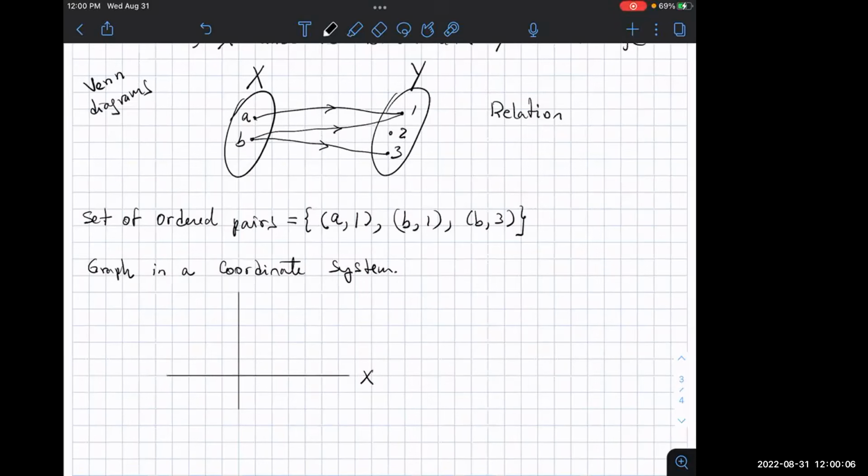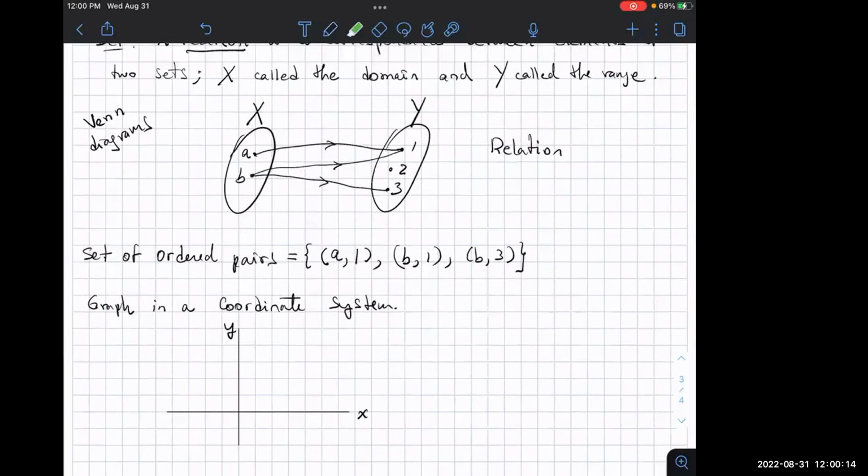So that's the x, and it's not a coincidence that we have the x-axis and the first set is the set uppercase X. Okay, they are related. So if this is A and this is B, then A comma 1 says that point, B comma 1 will be that, and B comma 3 will be that. So then in a coordinate system, that relation is represented by those 3 dots. Okay.